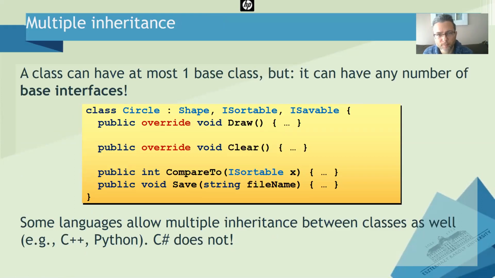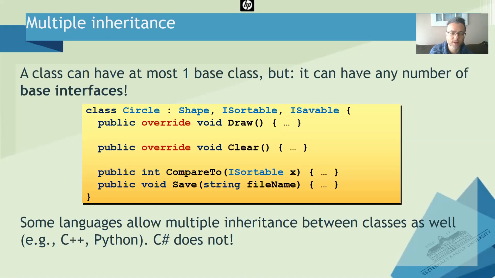Okay, here is an example. I have 3 minutes left from this session. I think that should be enough. So let me ask a few questions here. Let me just explain the first statement. As you know, in C# there is single inheritance between classes, but, and this is very cool, you can inherit any number of interfaces, as you can see in the example.